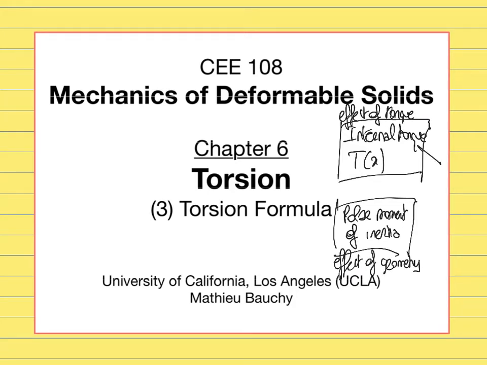If you combine the effect of the torque, as captured by the internal torque, and the effect of the geometry, this is what will allow us to calculate the shear stress in a beam that is subjected to some torsion.